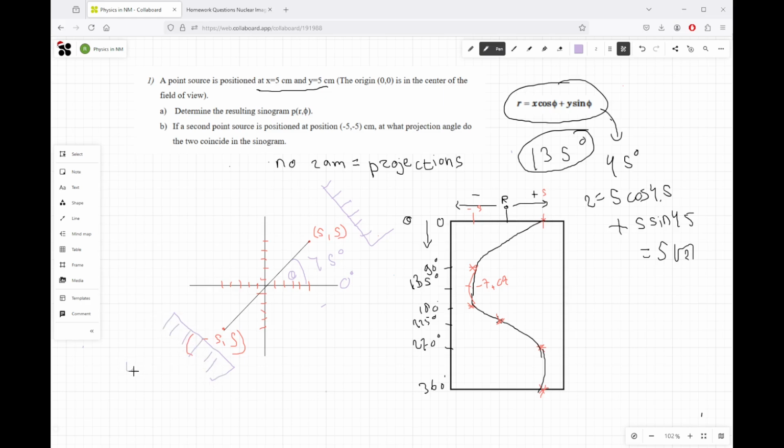And this angle is 45 degrees plus 180 degrees, which equals 225 degrees. So at these two angles, the point sources coincide. And that was it for now for this question, and I will see you in the next question. Thank you.